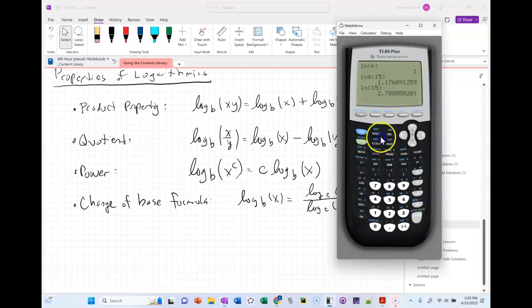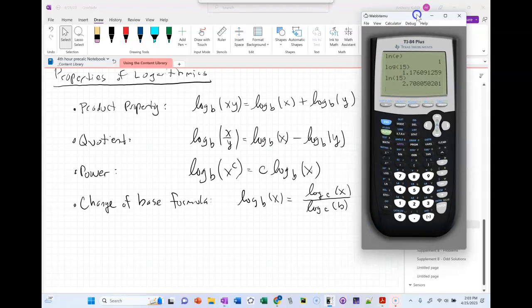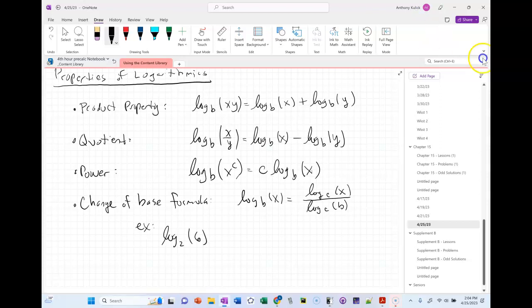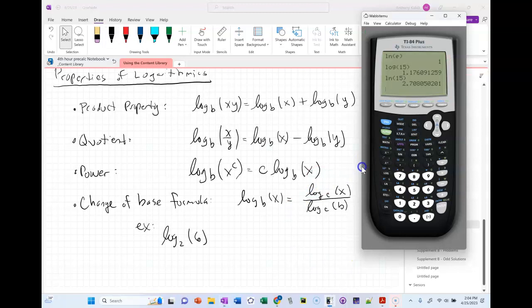So the change of base formula, when I was a high school student, was super important. Because if I wanted to do something like log base 2 of 6, what we had was a scientific calculator with the log and natural log buttons, but we couldn't do the log of any base.